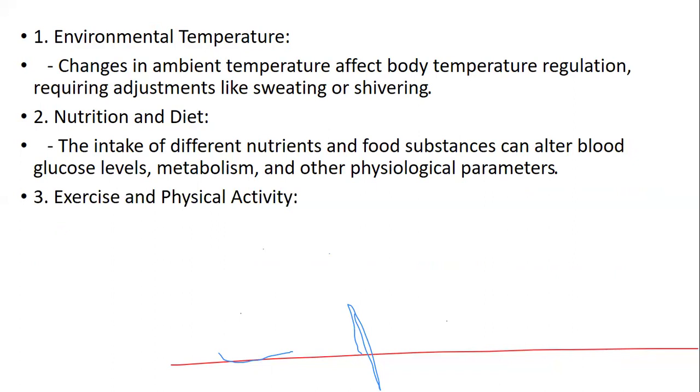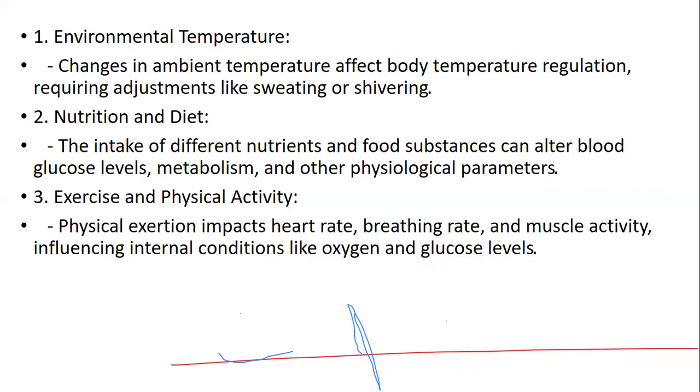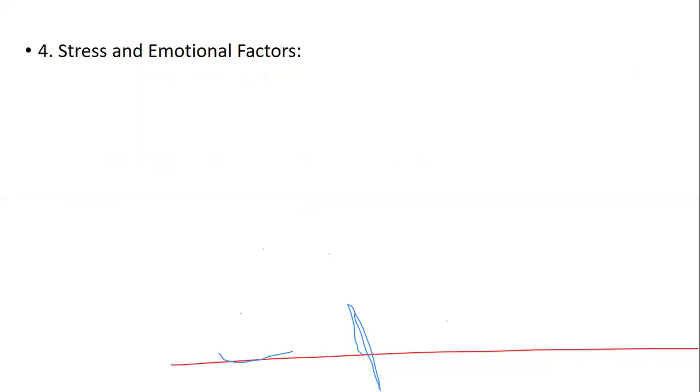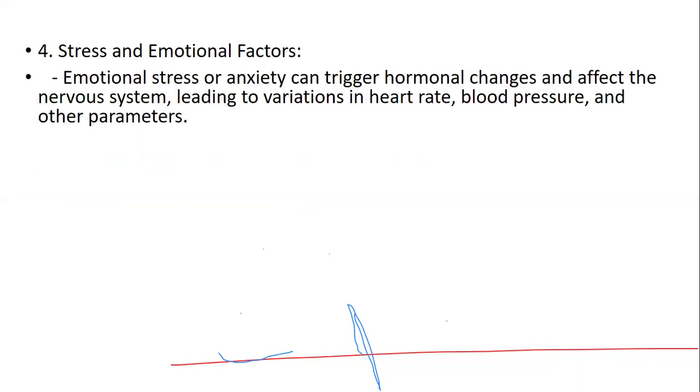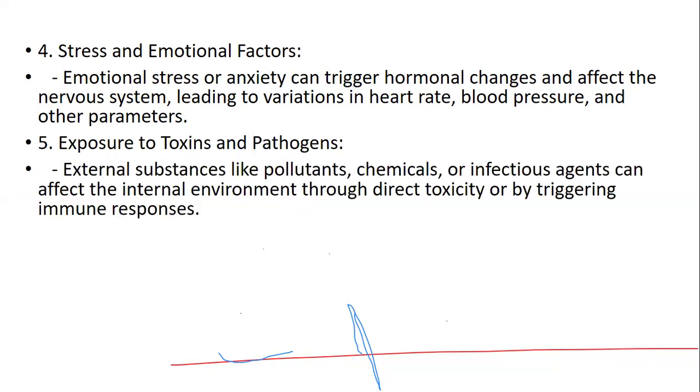Exercise and physical activity: when you exercise, it will cause your heart rate and your breathing rate to become faster, and then it will affect your amount of glucose and oxygen and so on. Stress: the environment in which you are may cause stress to you, and it may cause some problems to your homeostasis. If you're exposed to pathogens or toxins, it can also cause problems.